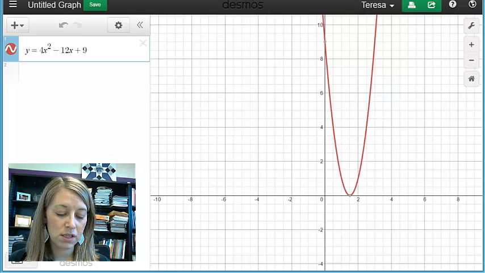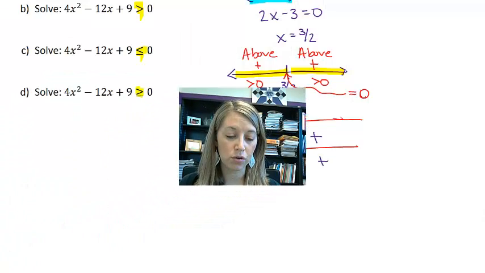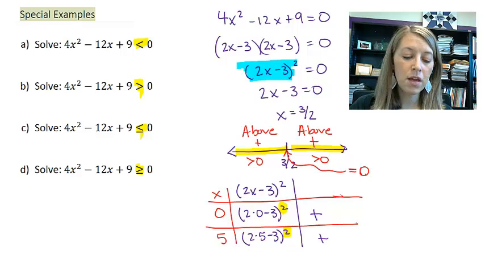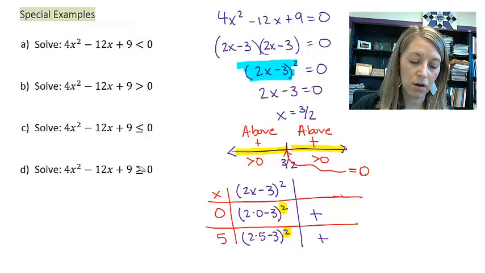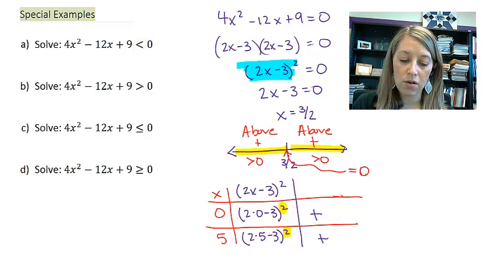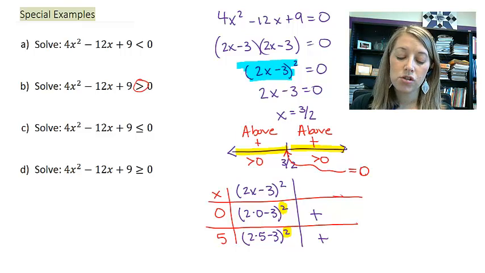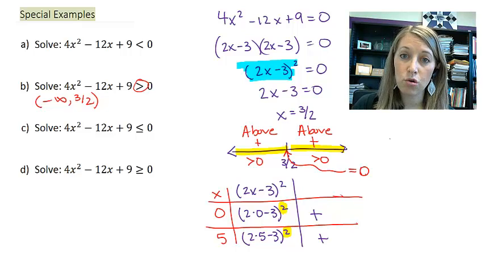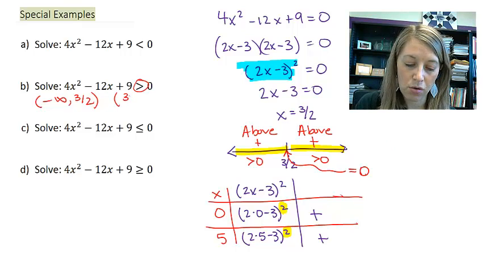Now what we need to do is select the appropriate intervals for each of our examples. Let's start with the easiest one, where it is greater than 0, because that's what I have on my sign chart. It's greater than 0 on the left, so negative infinity up to 3/2, my leftmost interval, and then it's greater than 0 on the right, so 3/2 to infinity.